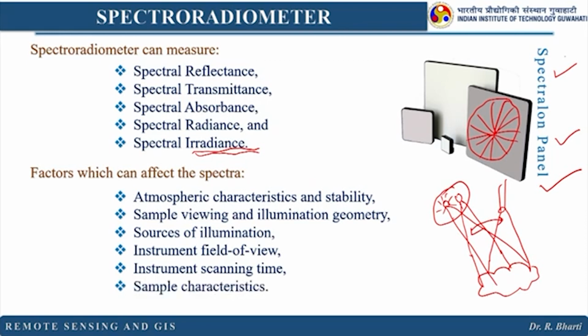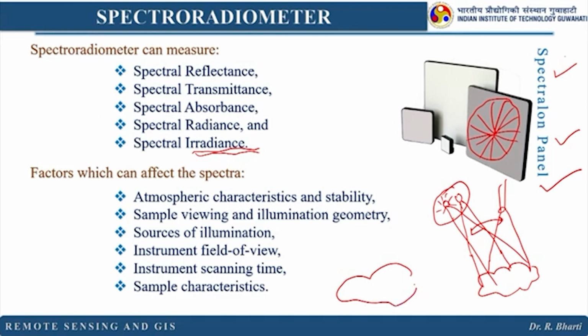Then sample characteristics, because this can severely affect your spectra. Suppose this is your target and you are looking from here, the information will be something different than here. Why? Because if you are looking at a rock type, then the composition is not uniform.